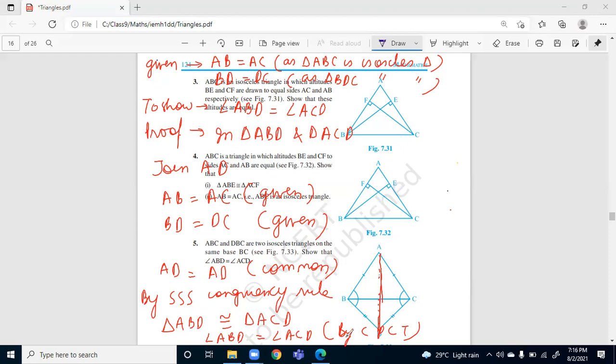For making that triangle, I have to join AD. Once I join AD, I can see that all the three sides of this triangle are equal to the three sides of another triangle. So I can say by SSS congruency rule, these two triangles are congruent. So the solution is really easy. Just you have to join AD.